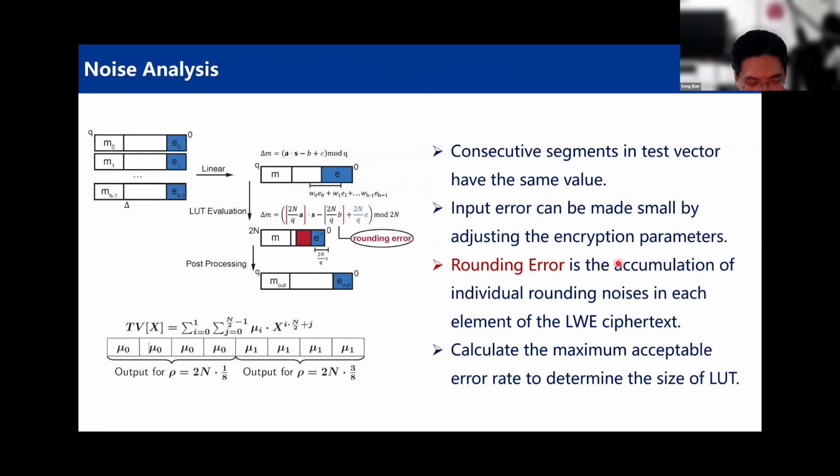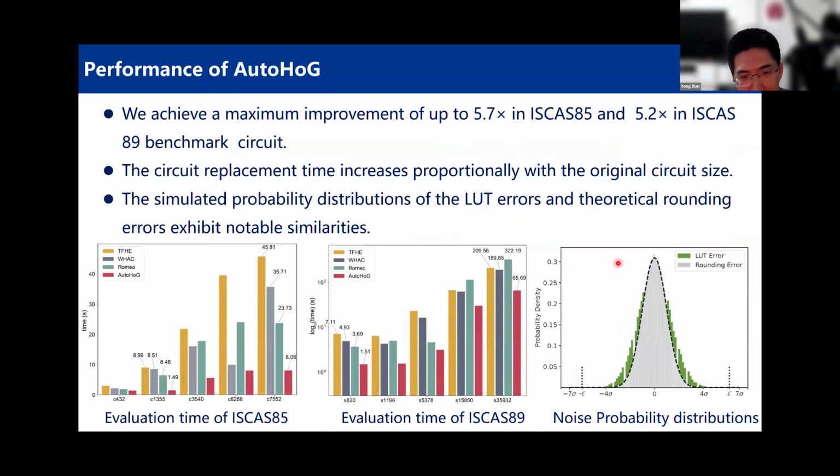We did a lot of noise analysis because it's very important to minimize the parameters, and details can be found in our paper. As a result, we really have a big improvement over existing works.